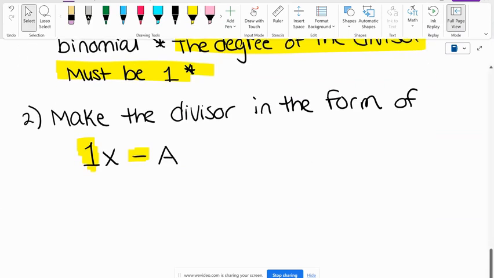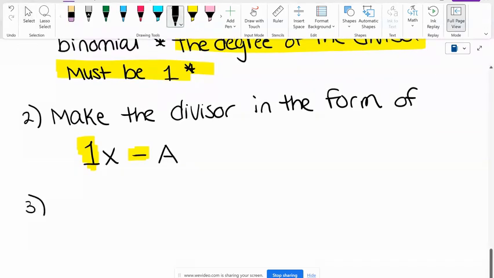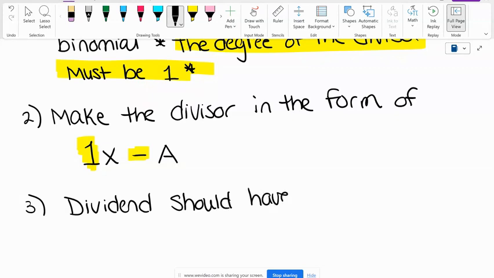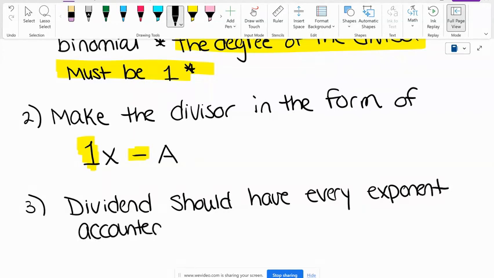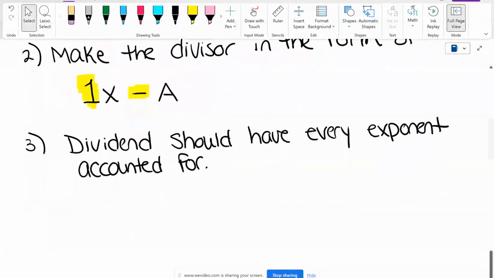Similar to dividing, the dividend should have every exponent accounted for. Also, the dividend should be in descending order.